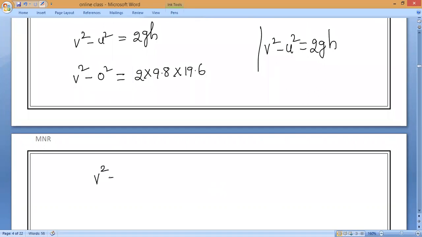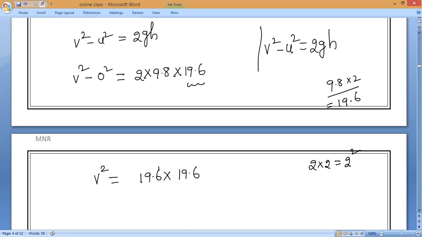So I will write V square is equal to 9.8 into 2, which is equal to 19.6, into 19.6.